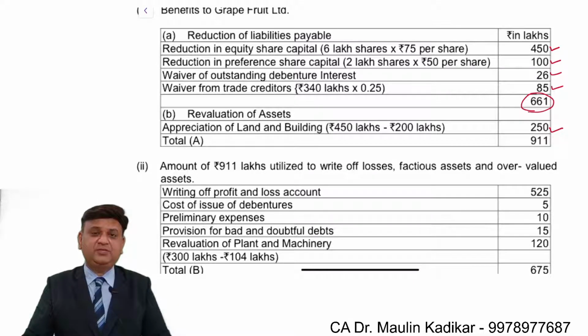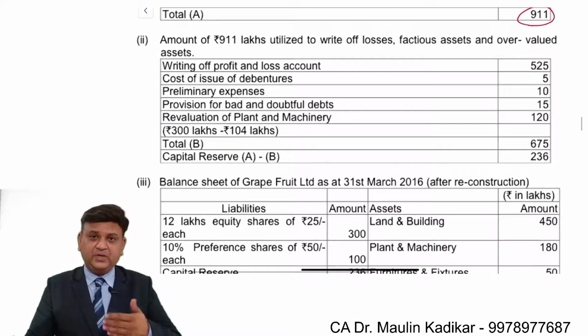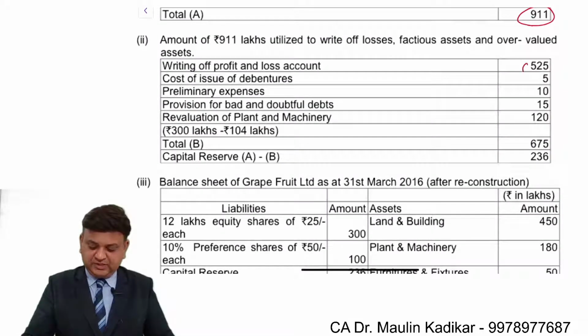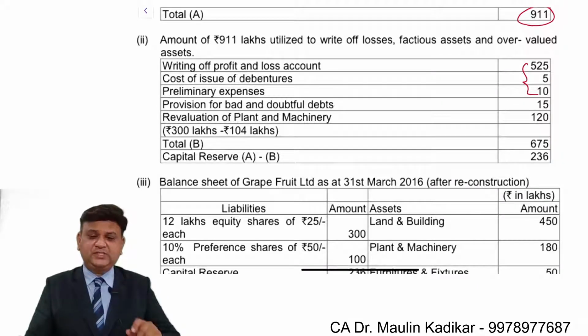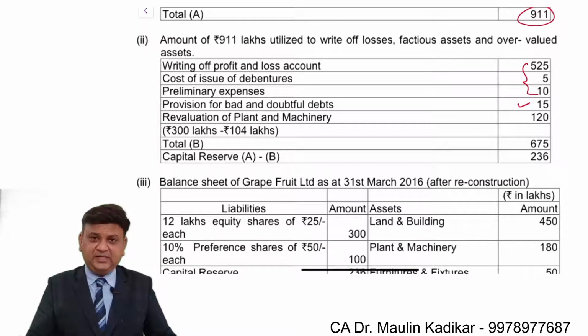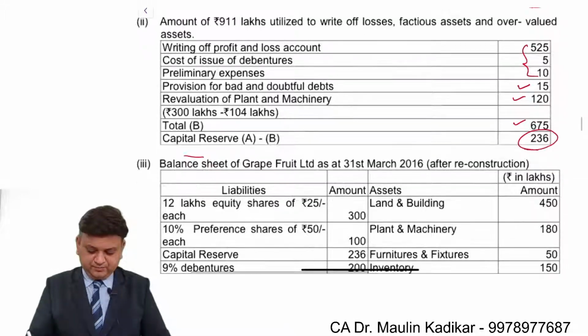This is revaluation of the land and building. So this is the credit side of the capital reduction account. We are going to use it to write off these three first of all. First is the P&L account, next is the cost of the issue of the debenture and preliminary expenses, bad debts reserve, plant and machinery. So this is what we have used. And this is the transfer to the capital reserve.